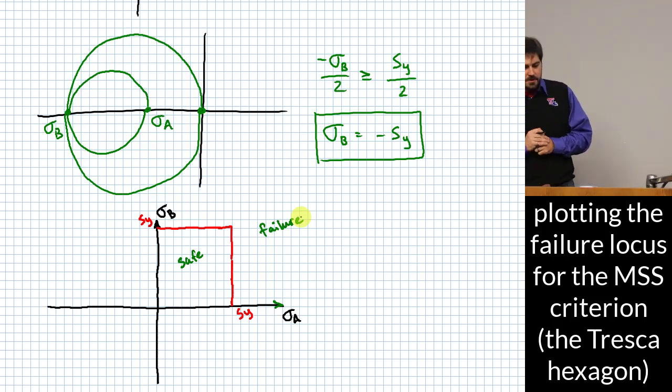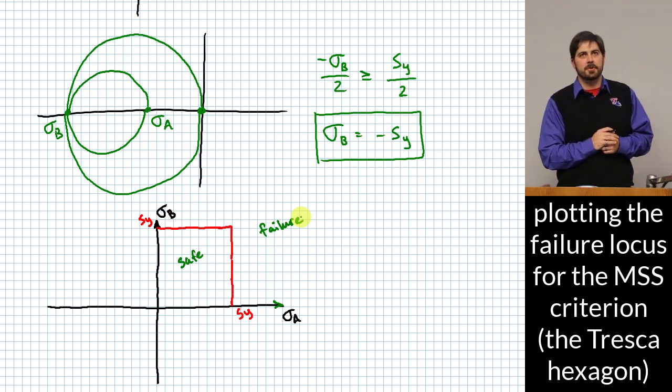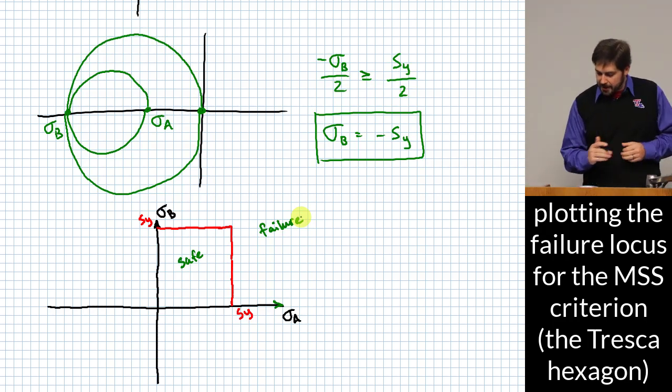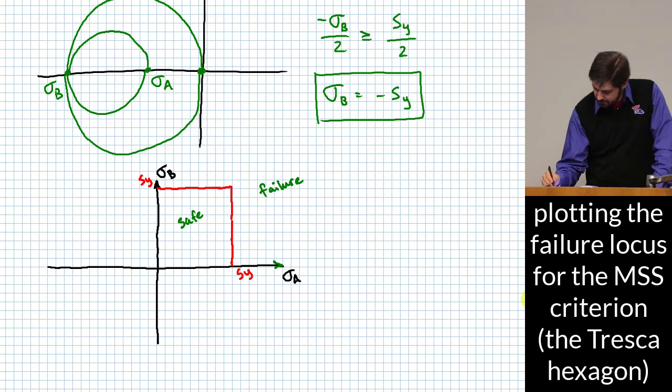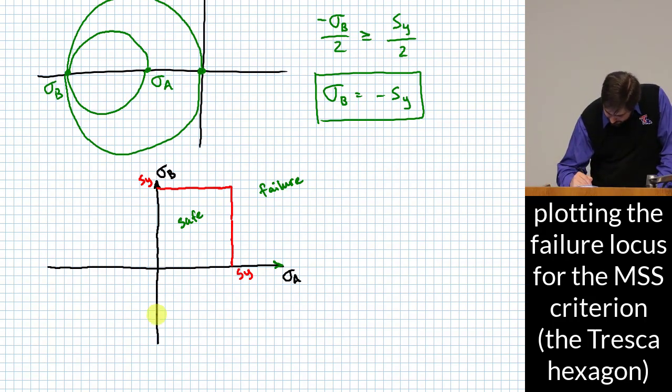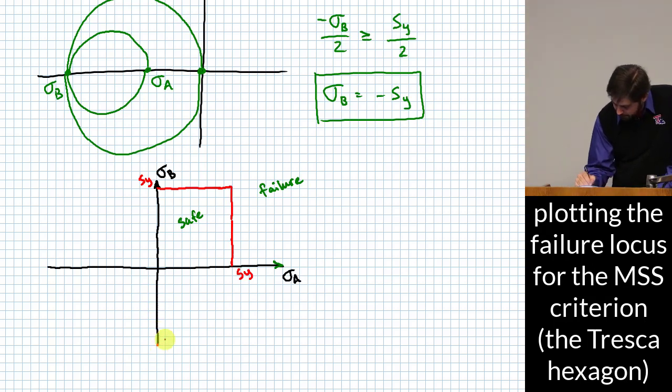Okay, so this is one side that's not too hard to do. What about if both of them are negative? Okay, we'd go down here and we'd say, okay, this would be negative S sub y.